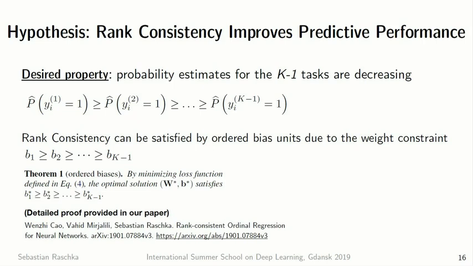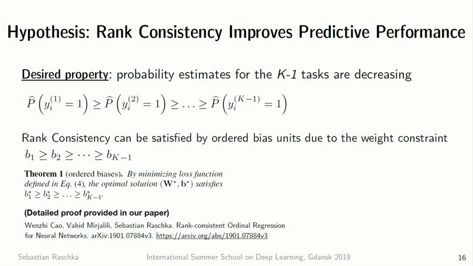The paper is about showing that these are ordered even if we initialize them with random values. So we have a very strong guarantee that these bias units will be ordered. The network will automatically order them. And if they are automatically ordered, then this is satisfied, and we get a nice cumulative function for predicting the age.